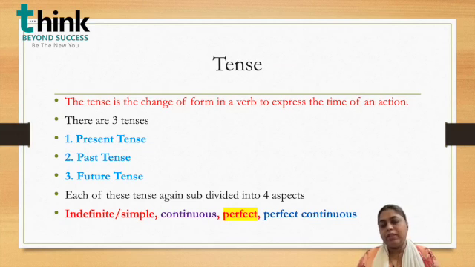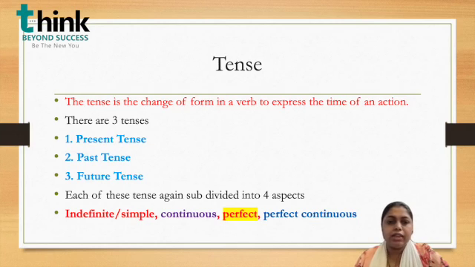Only the verb changes, to show whether the action is present, past, or future. By changing the form of verbs, we can shift from past tense to present tense to future tense, whereas the subject and object never change.